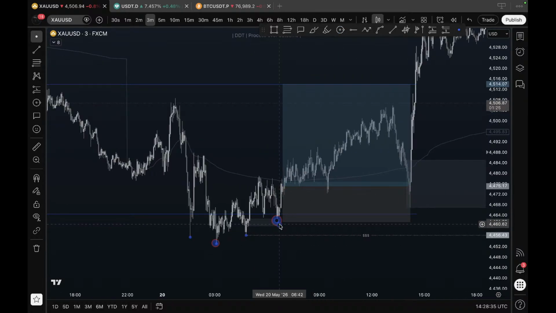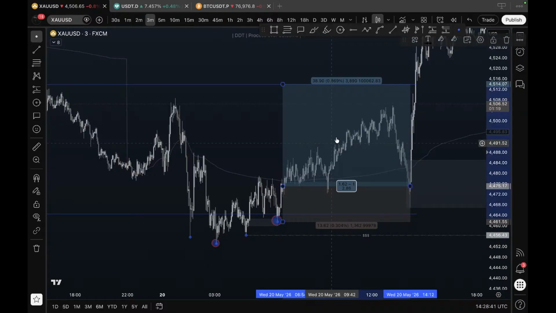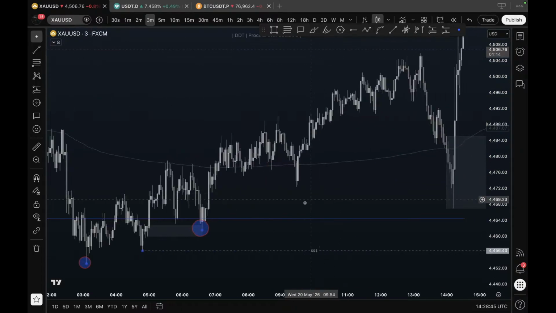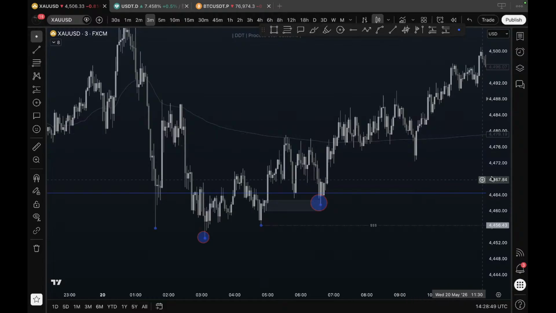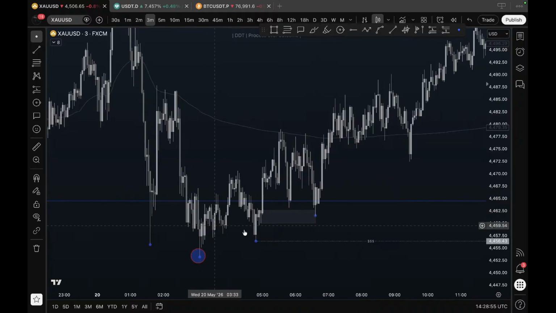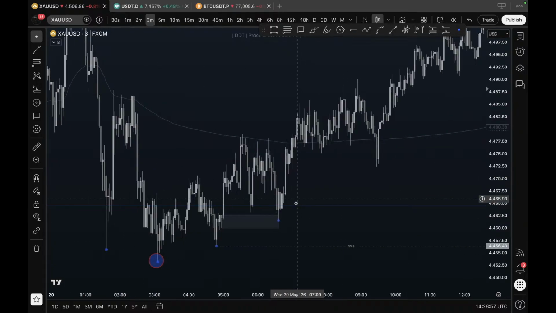But if you would have used that, you can also see that here all demand and liquidity was taken. But let's delete it for a moment. From this move, price left demand behind. So the purpose down here was to grab all liquidity and mitigate all demand. Basically leave nothing behind and then push price higher.